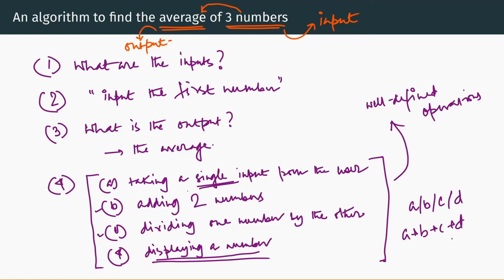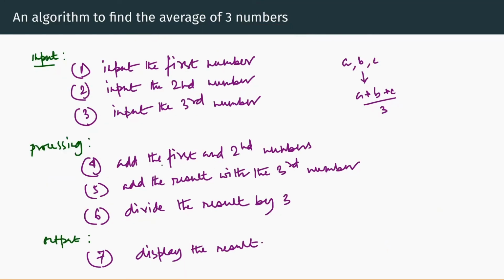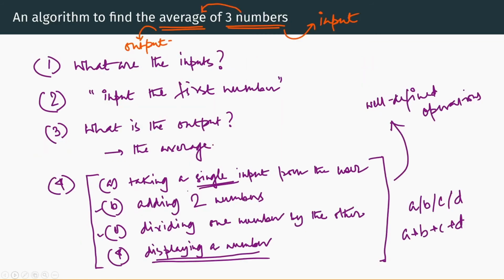This is a perfectly valid statement, right? So in our algorithm, we could have said add the three numbers, and that would have been a valid statement. But internally, Python does a plus b, then adds the result with c, and then whatever that result is added with d. So just keep that in mind.